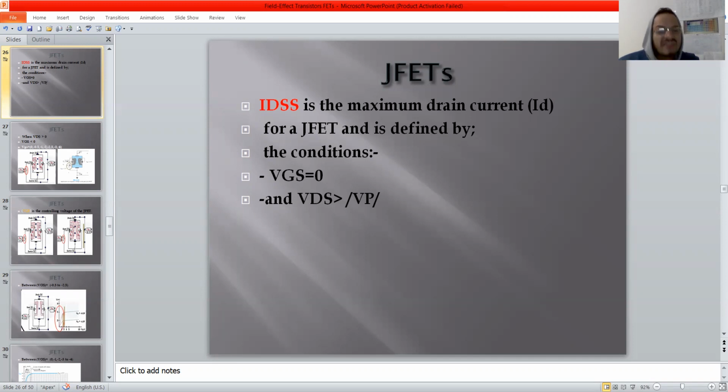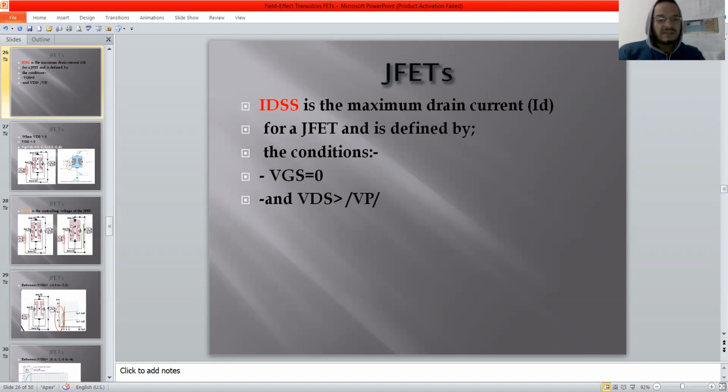What will happen if we make the gate more negative? Actually, we will see a huge difference between some levels, some situations, when it increases more negatively, at the gate region.